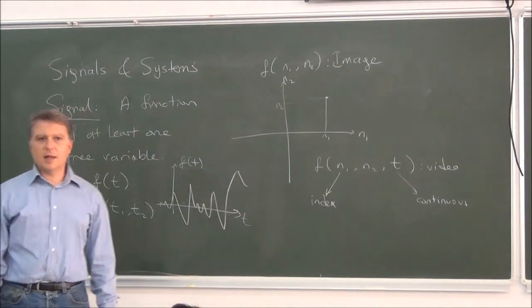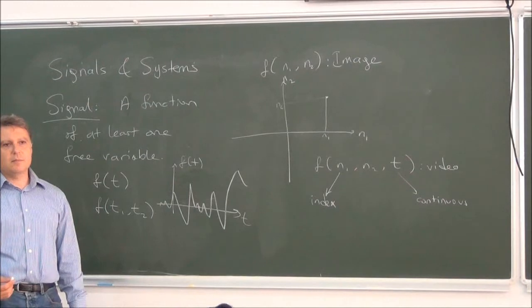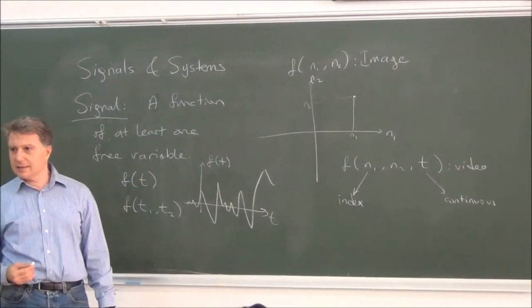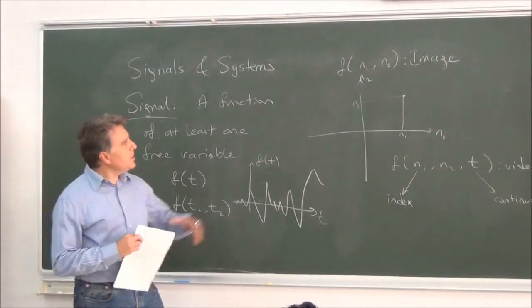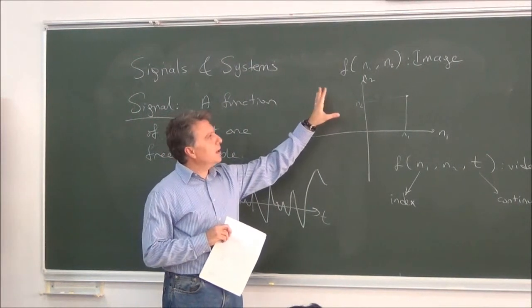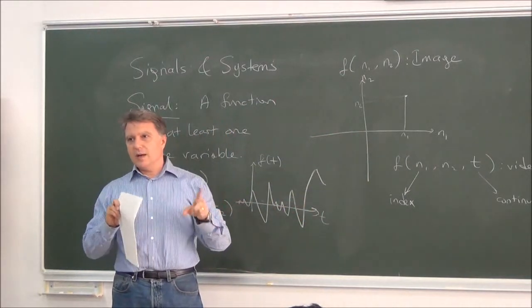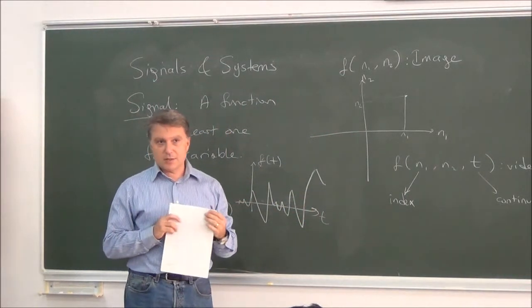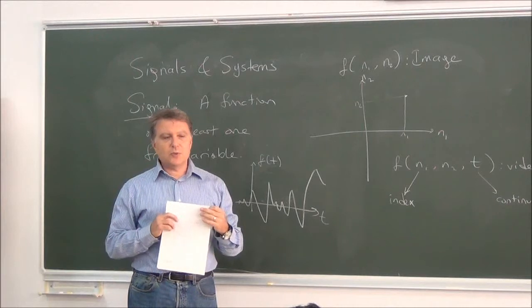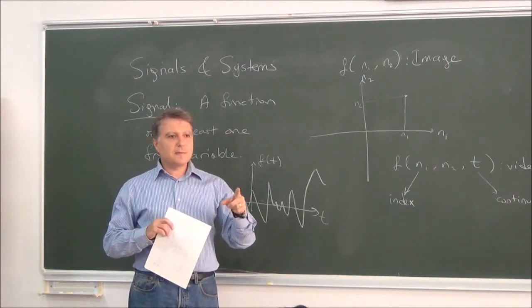Time in itself is a continuous variable. We have 0.01 milliseconds. But an image, for example, a digital image in this case, is an indexed function where the free variables are just integers.